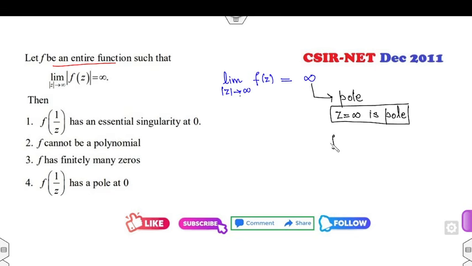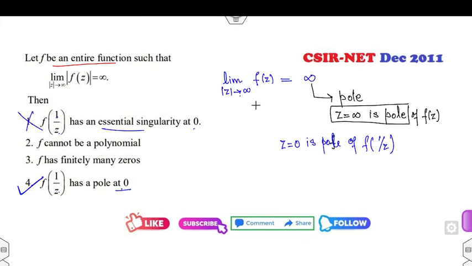So z equal to infinity is the pole of f of z. I can change it into 0. That means z equal to 0 is the pole of f of 1 over z. So f of 1 over z has a pole at the point 0. 1 over z is the essential singularity. Cancel.